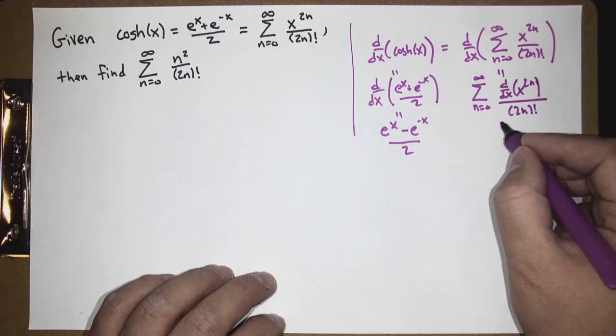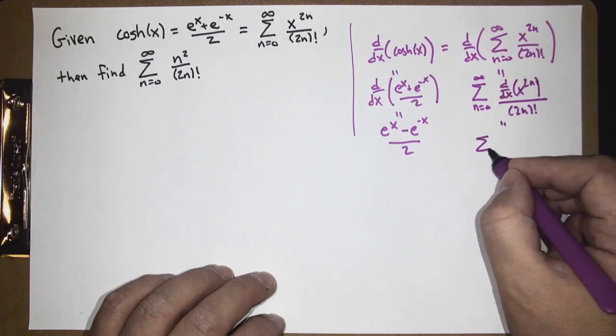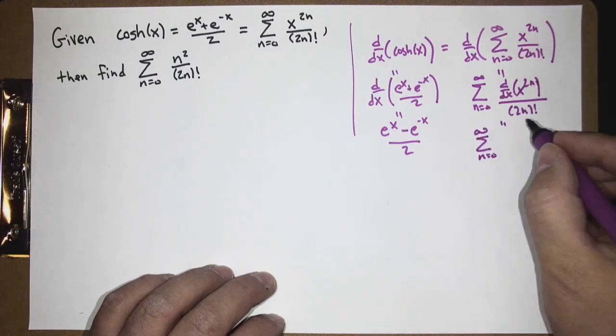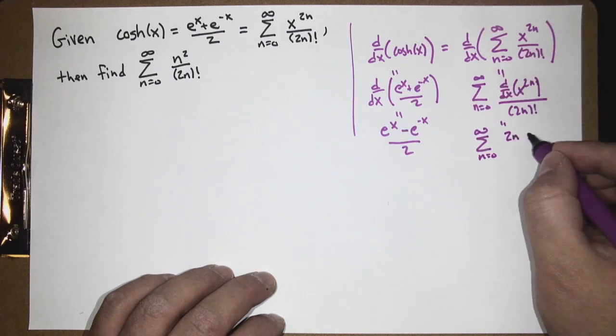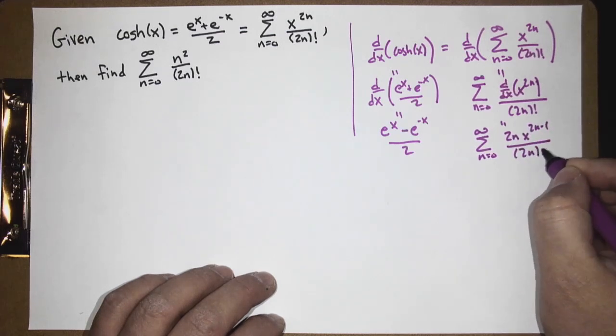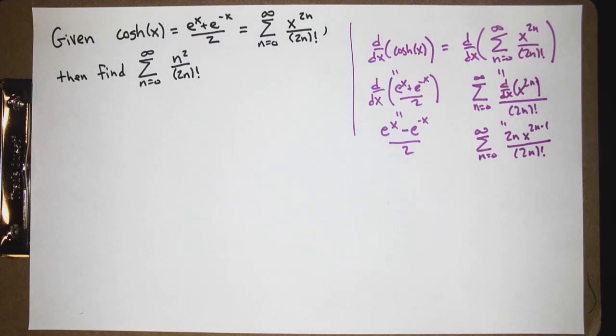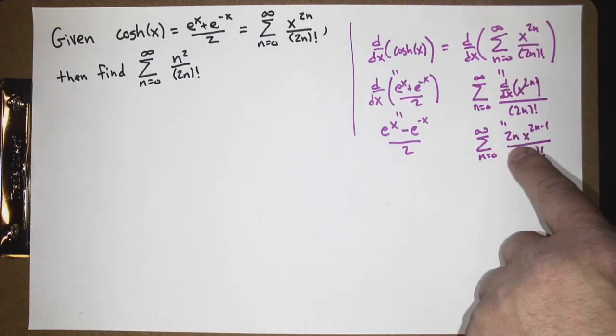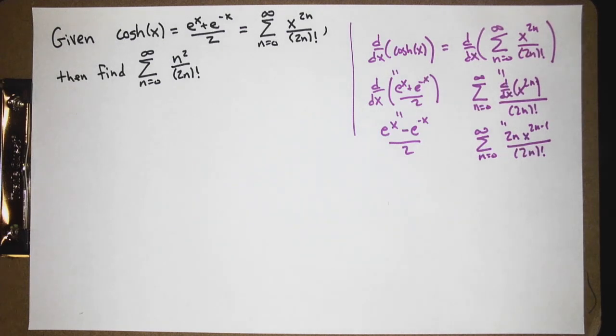So you say, okay, so we have the sum, n equals 0 to infinity, 2n, x to 2n minus 1 over 2n factorial. Now the 2 is not a problem. We can fix 2's. We have ways to do that. And so at this point, if you plugged in 1 at this stage, you would have a 2n over 2n factorial.